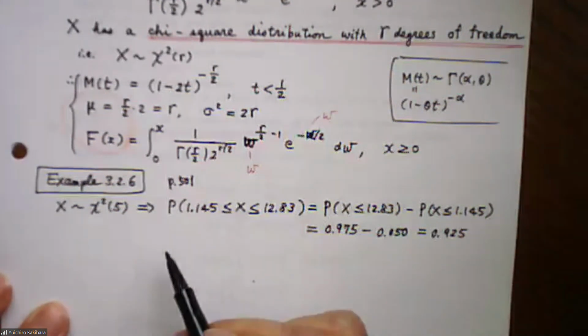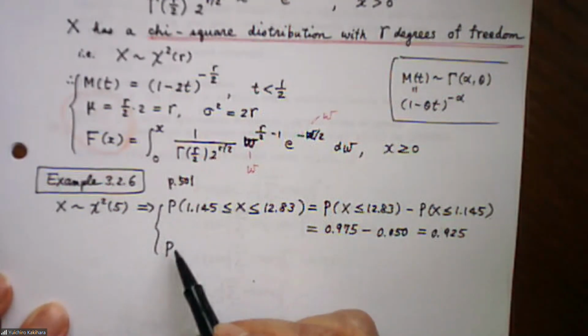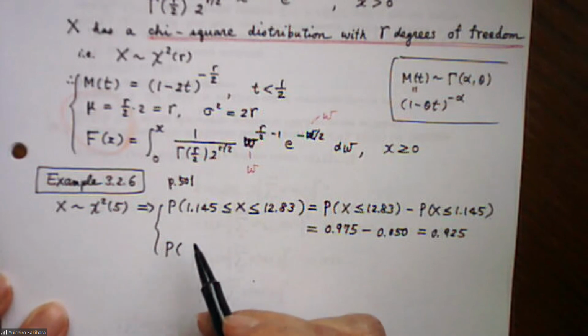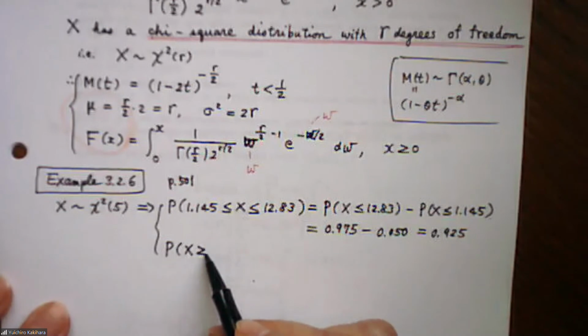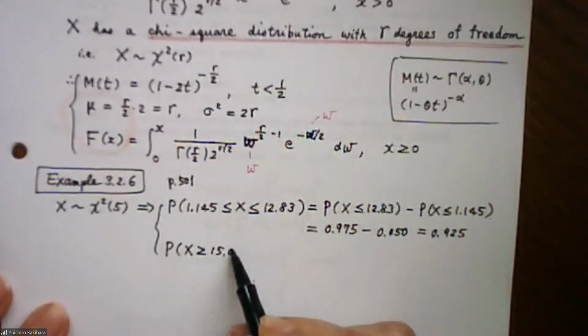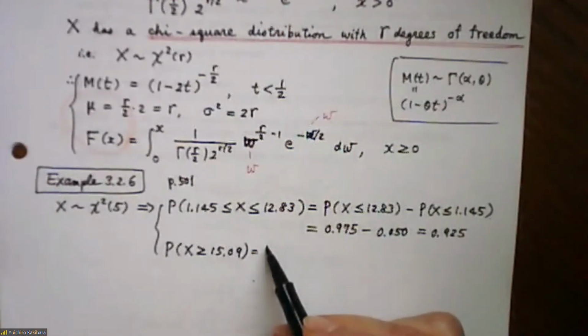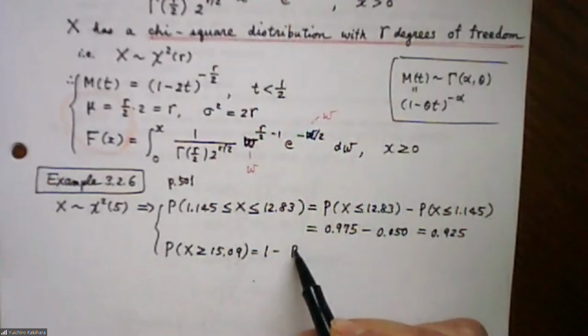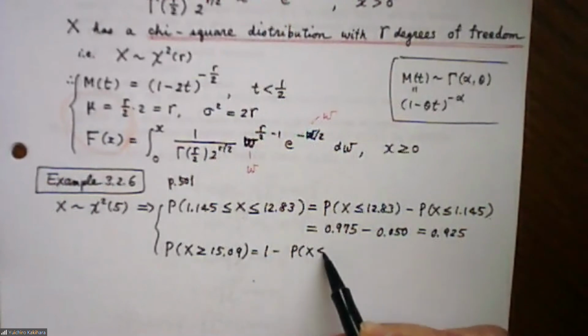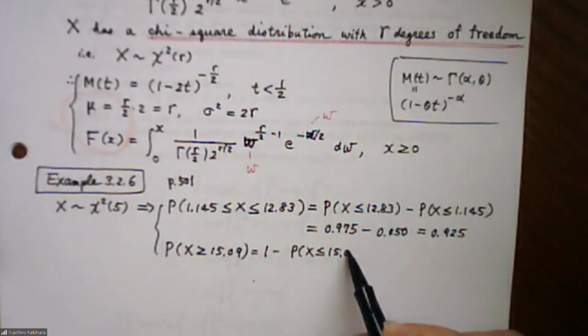Another example: also get the probability that x is greater than or equal to 15.09. This is 1 minus the probability that x is smaller than or equal to 15.09.